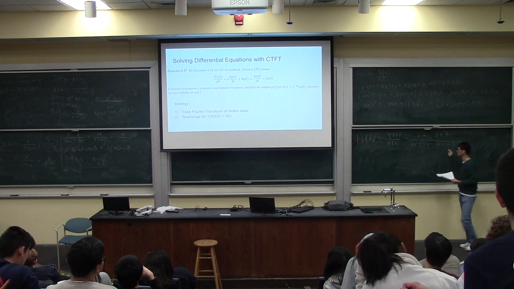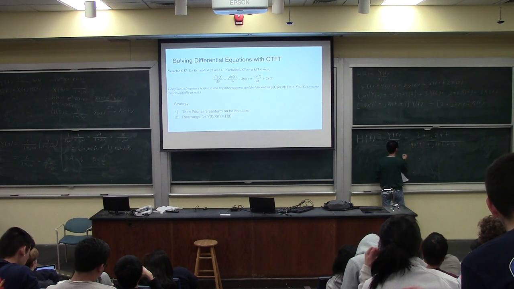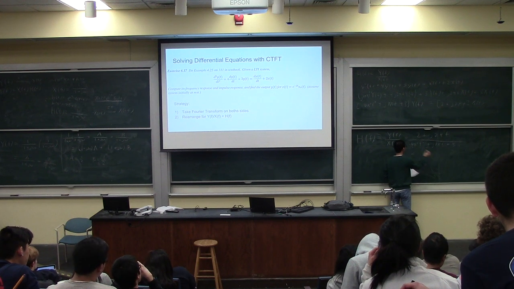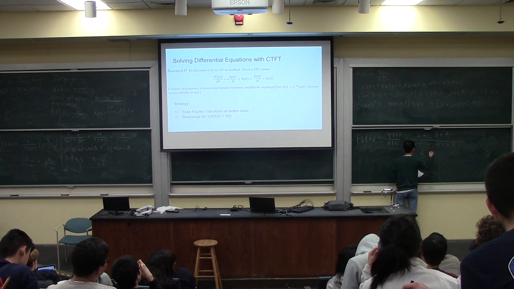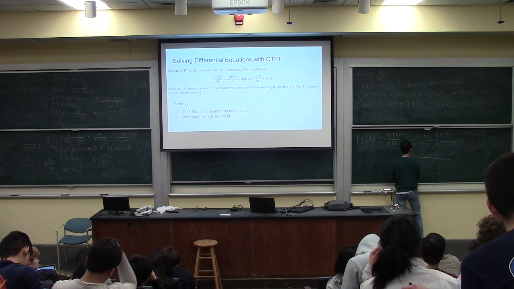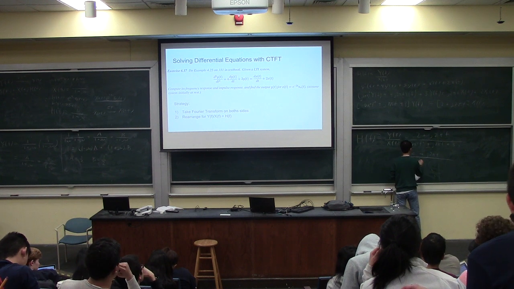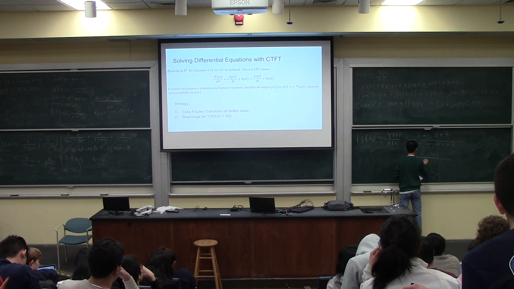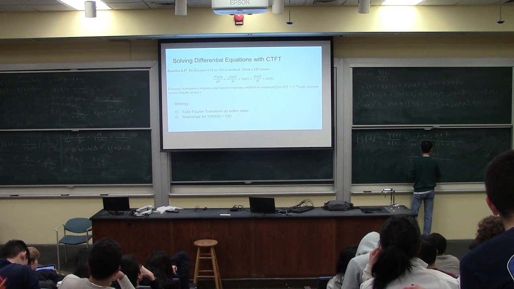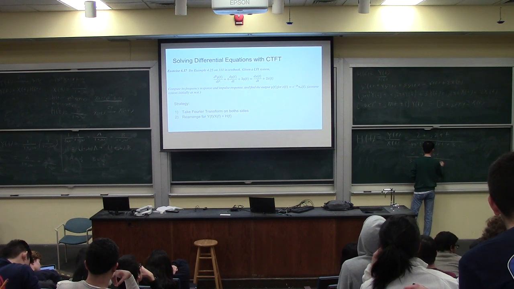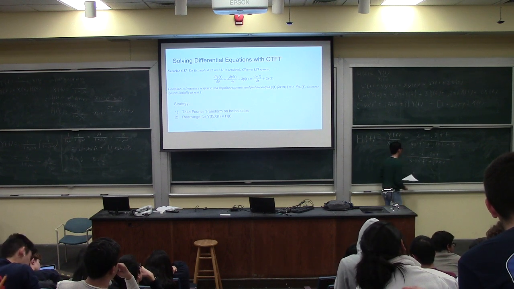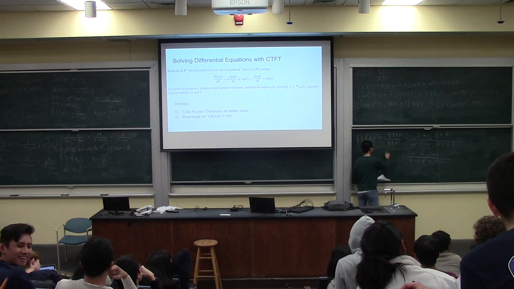I'm going to rearrange the terms of the numerator so it looks nicer, with the real parts in front and the imaginary parts afterwards. All right, and this is your H of f.